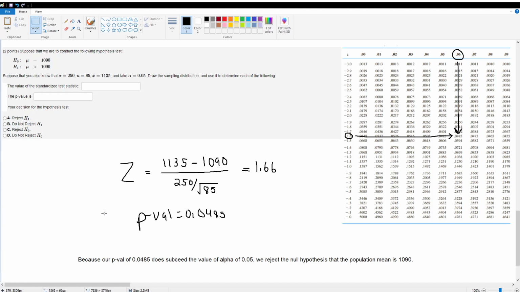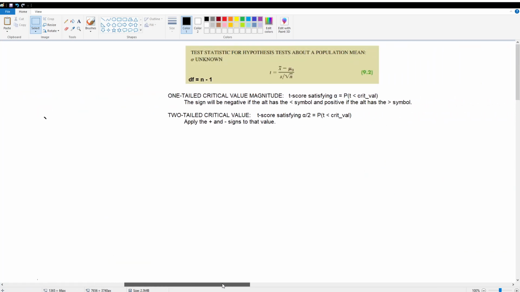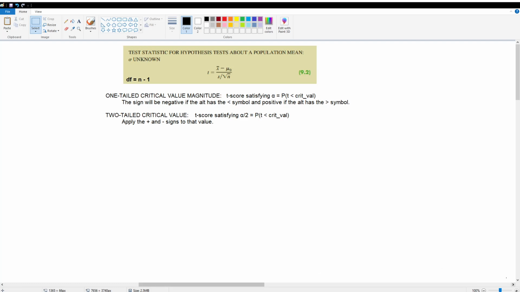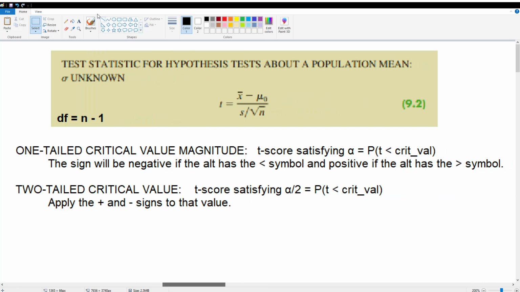Those complete our hypothesis tests for one sample tests. So let's go ahead and continue on to what happens when we don't know the standard deviation. When we do not know the standard deviation, things get a little bit more involved. So here's what's going to happen.